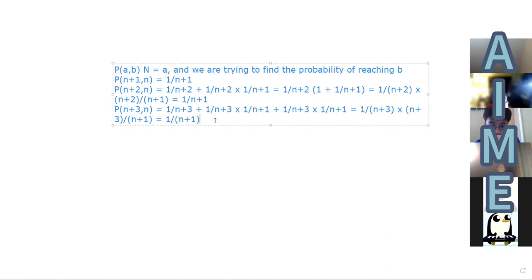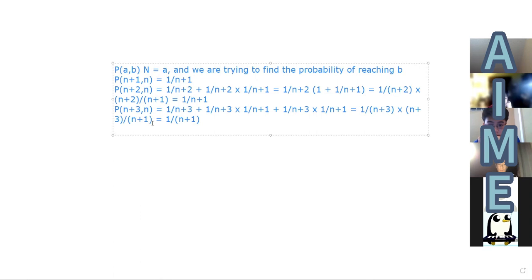And we're kind of seeing a pattern here, right? The chance of getting from n plus 1 to n is 1 over n plus 1. The chance of getting from n plus 2 to n is also 1 over n plus 1. And the chance of getting from n plus 3 to n is also 1 over n plus 1.